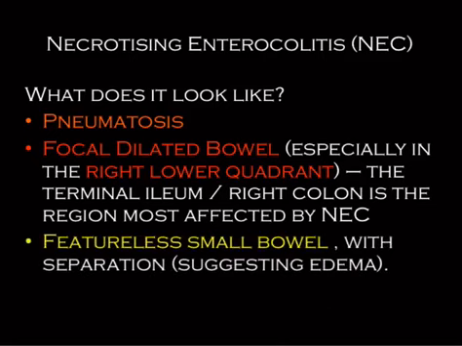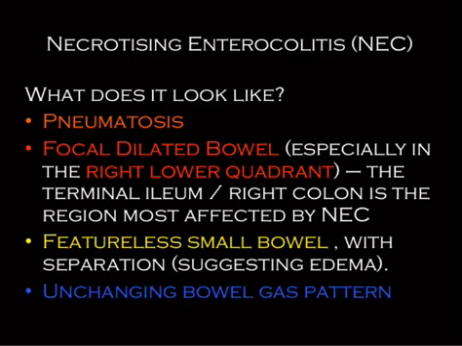Featureless small bowel, this would be really hard to show on a low-resolution monitor, but it is a thing. Especially if it was listed in a multiple choice, that would be one that I would pick. And unchanging bowel gas pattern, that was something that I mentioned before. This is probably the most useful practically, other than when you see pneumatosis.